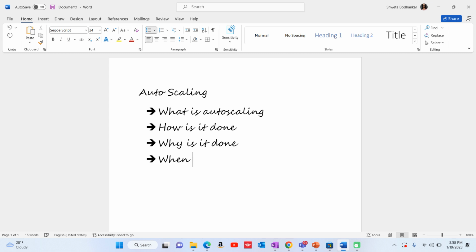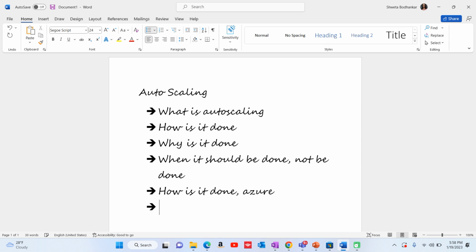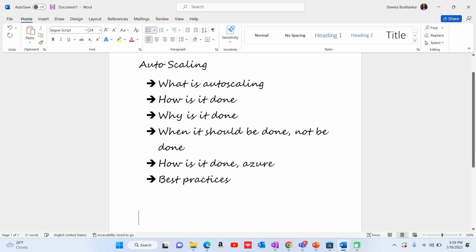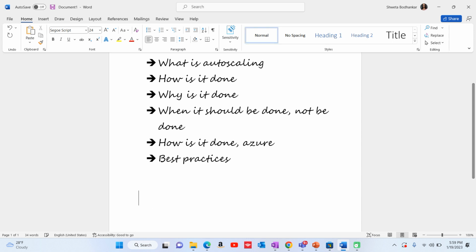We'll see when it should be done and when it should not be done, and we'll see how it is done specifically for Azure, and also we'll see some of the best practices around it.